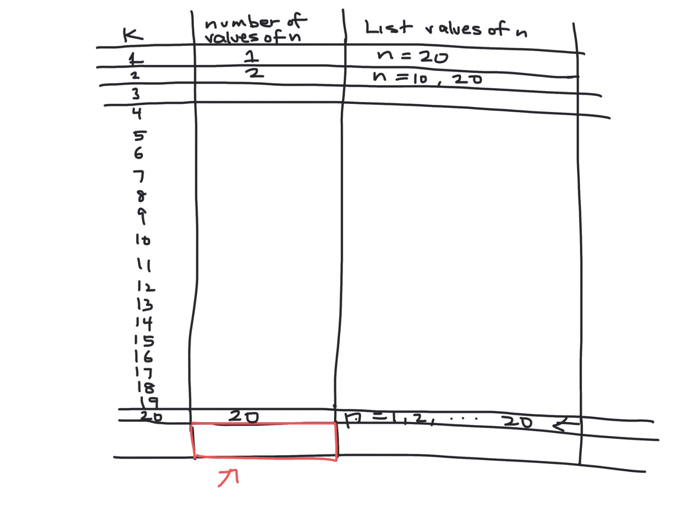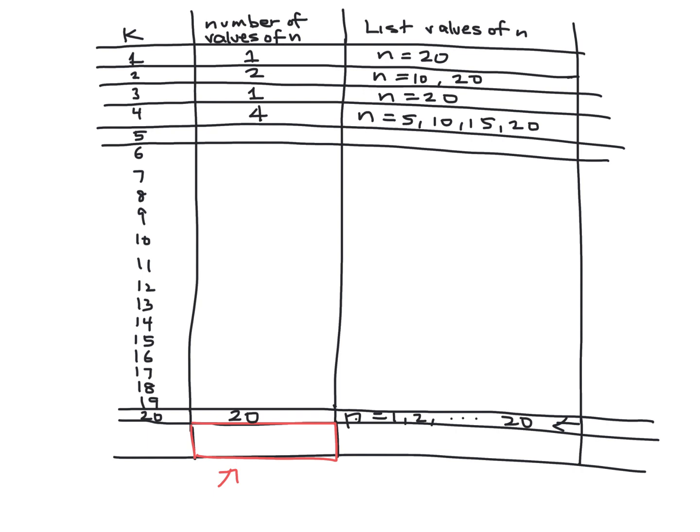When k equals 3, it only works when n is 20. So unfortunately, there's only one value there. When k equals 4, that'll work when n is 5, 10, 15, or 20. So there's 4 values there.